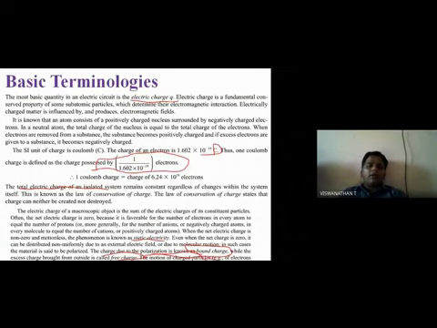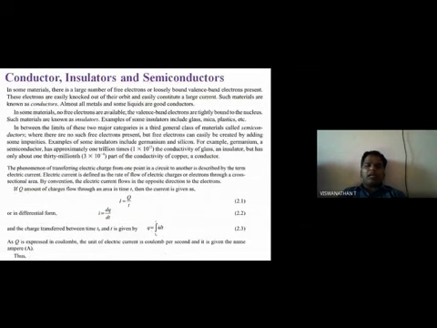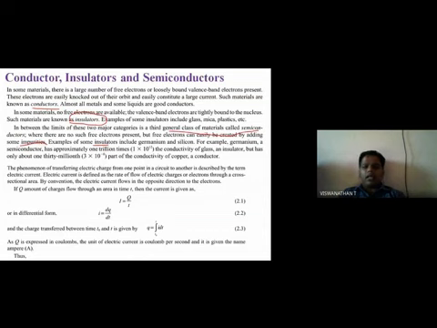Some materials exhibit free electrons, so they are called conductors. Some do not produce free electrons, and they are called insulators. Some are partially conducting under some conditions. By adding some impurities, we can make those insulators into conductors. Those materials are called semiconductors.